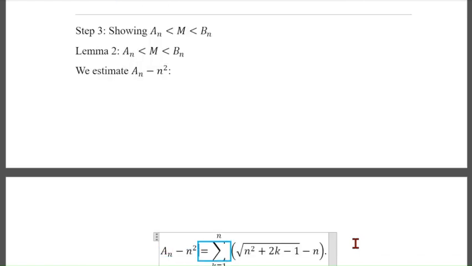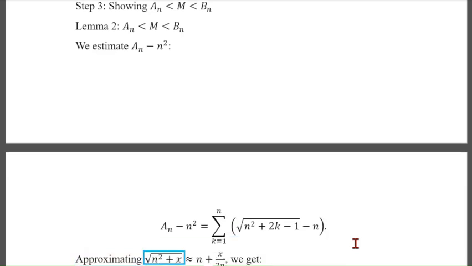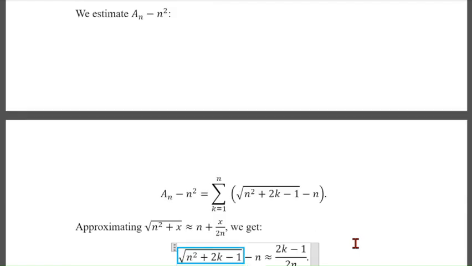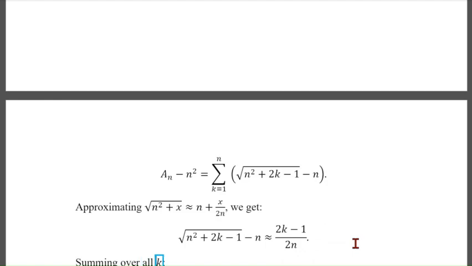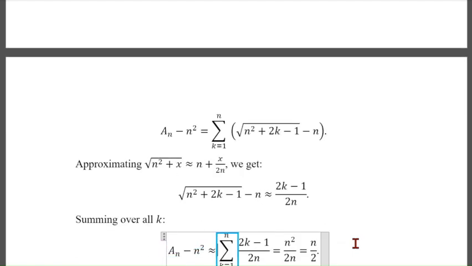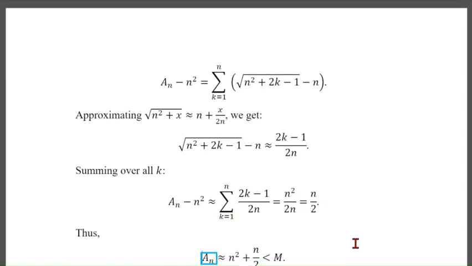A_n minus n equals the sum from k equals 1 to n of (√(n²+2k−1)/n minus 1). Approximating √(n²+xn)/n as approximately 1 plus x/(2n), we get √(n²+2k−1)/n minus 1 is approximately (2k−1)/(2n). Summing over all k, A_n minus n is approximately the sum from k equals 1 to n of (2k−1)/(2n), which equals n²/(2n), which equals n/2. Thus, A_n is approximately n plus n/2, less than M.